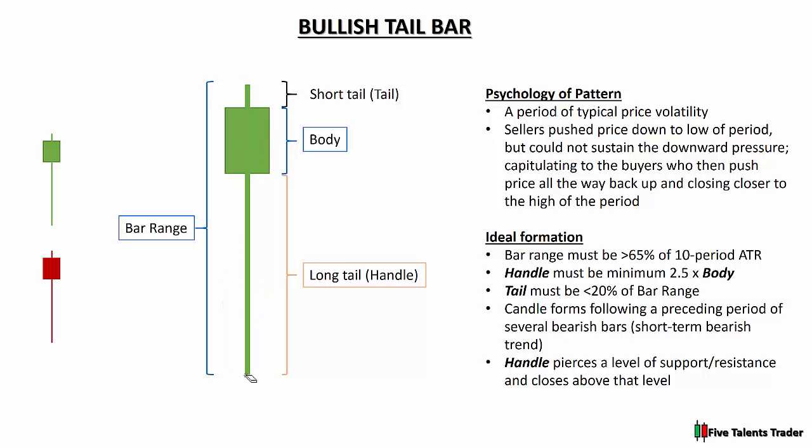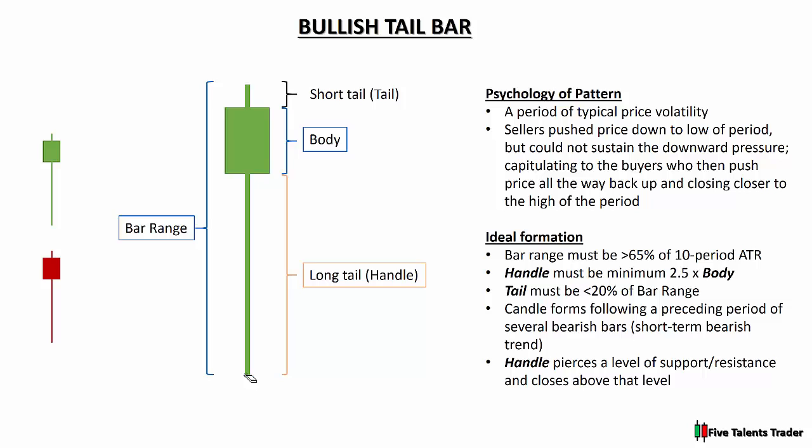Now, thinking of that logically, what will I expect to happen the next period if the sellers could not sustain a downward move, and the buyers were able to push price in the current period back up?